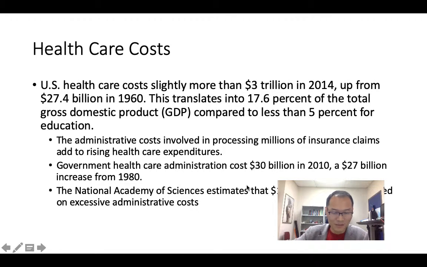Because of the complexity of the healthcare system, we have to have more people dealing with claims, working in insurance companies, and so administration costs money. Okay, the simpler the system, the less it'll cost on administration.